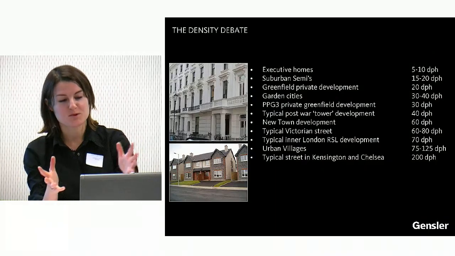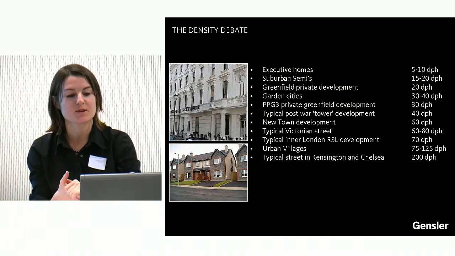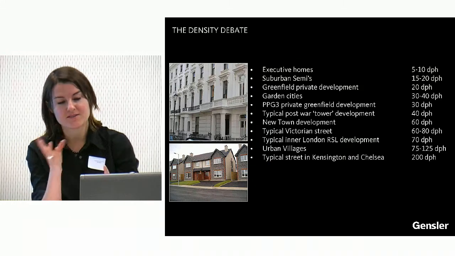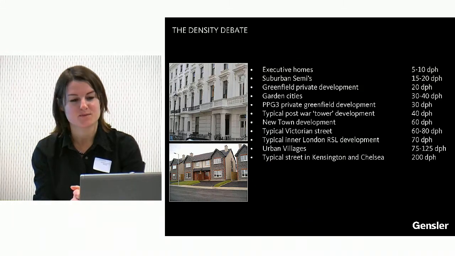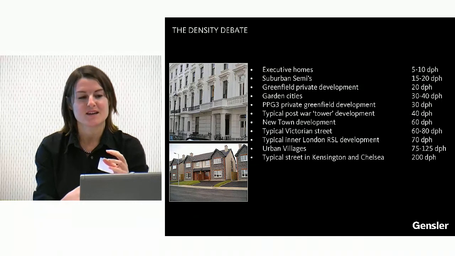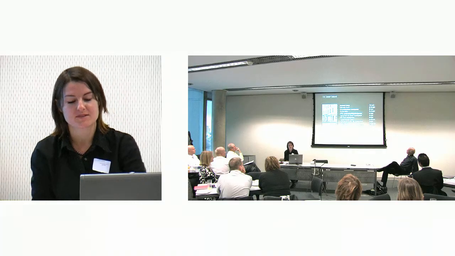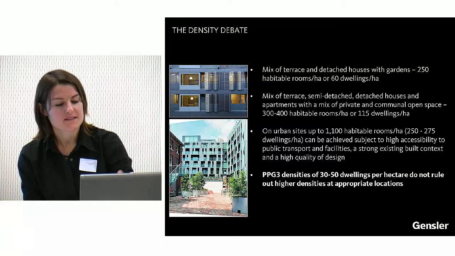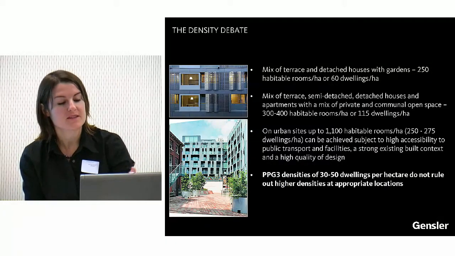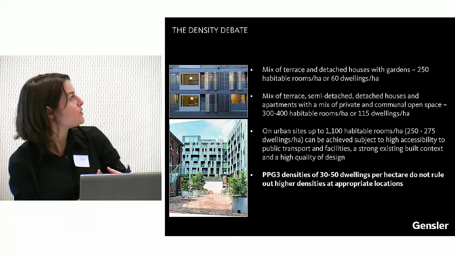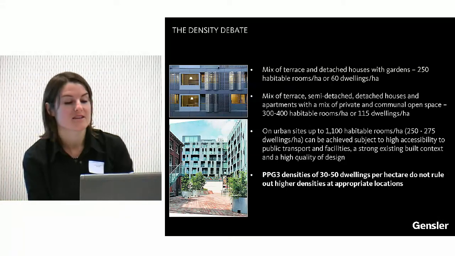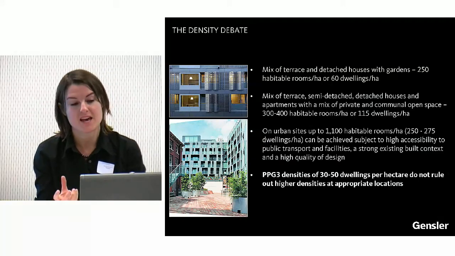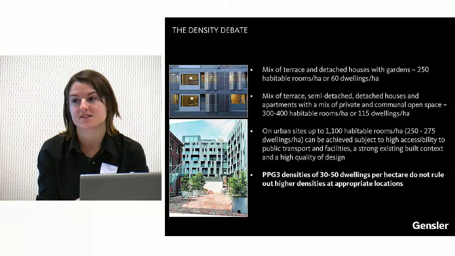I'm sure you've all seen it before, the range of typical densities that we see in the UK, and I've just standardised them as dwellings per hectare, because people per hectare is quite a bit of a different picture actually. Typically, the density that I would prefer, that people tend to prefer, would be mixed densities across a site: terraces with semi-detached and detached houses and apartments mixed into a development.